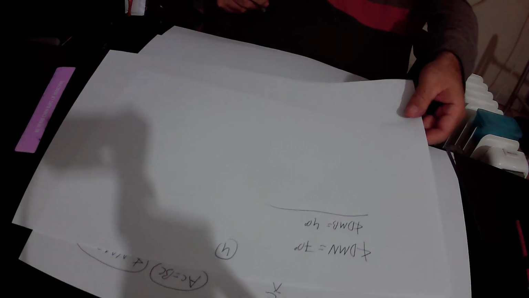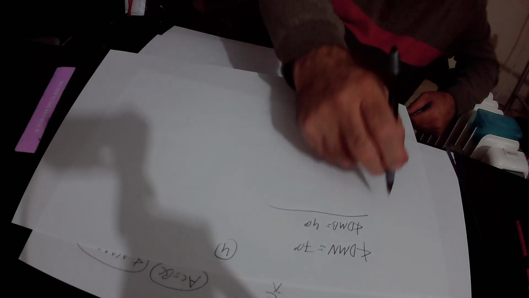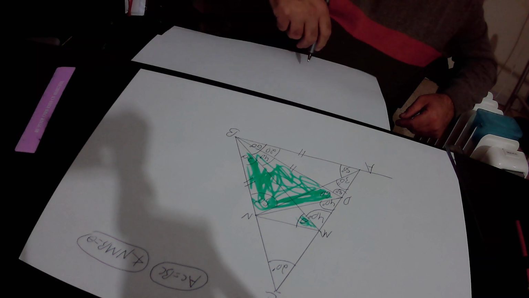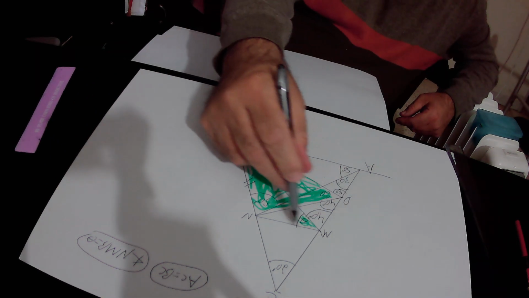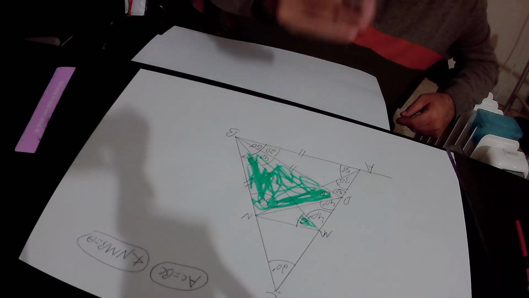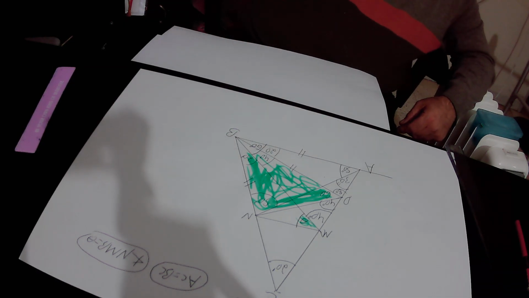Now we subtract the two angles from each other. Here, the big angle DMN minus the small angle DMB equals theta. That is the angle that we are looking for.